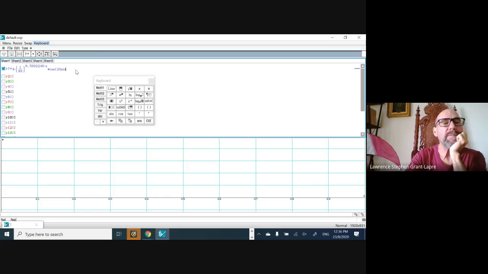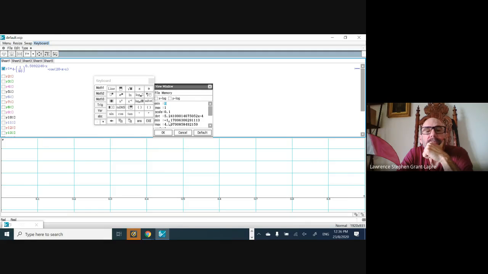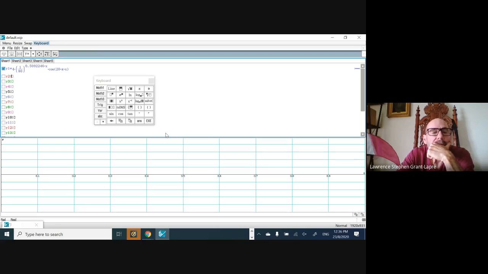I wonder if it works with pi. 20 times pi times, hang on, I could just do 20 pi x. Oh okay, that should work. Scale this up to be y minimum of, say, -5. And let's sketch that.